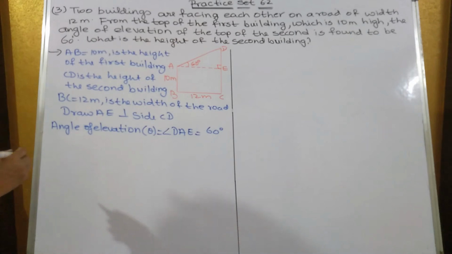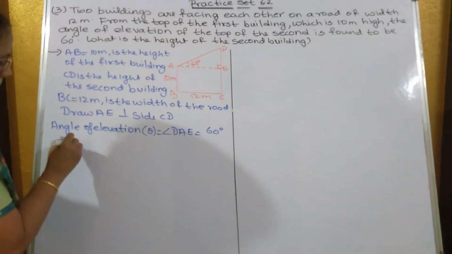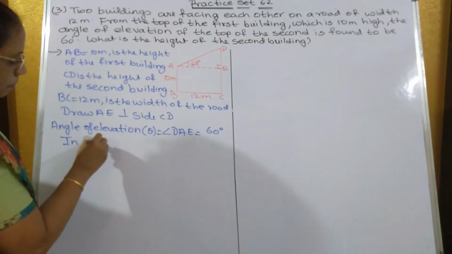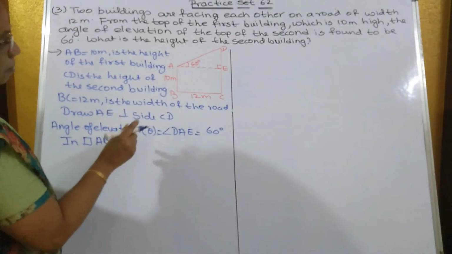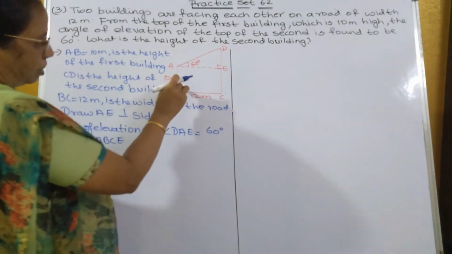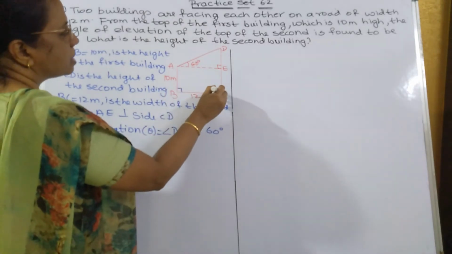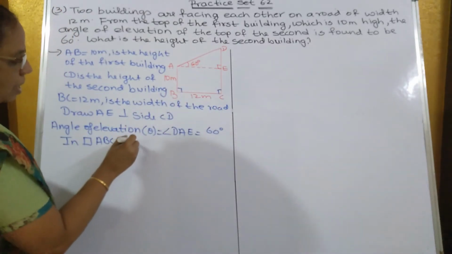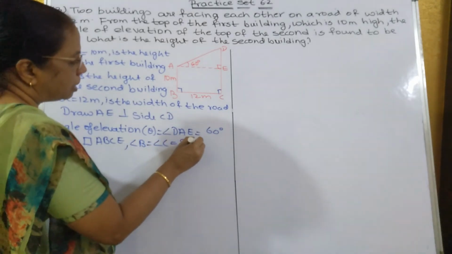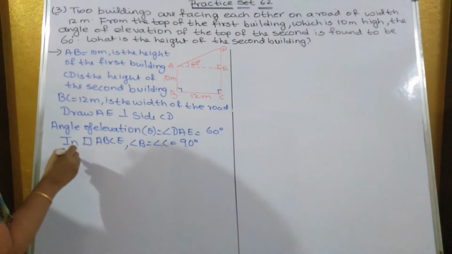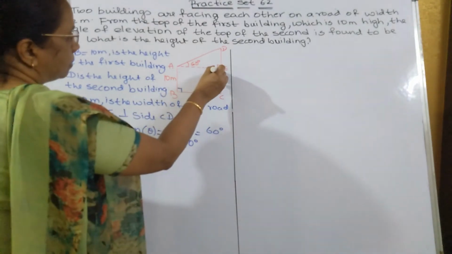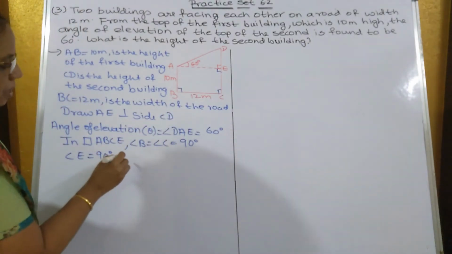Now in quadrilateral ABCE, मतलब ये वाला quadrilateral ABCE में angle B is 90 degree, angle C is 90 degree, and angle E is also equal to 90 degree, that is this angle. Why?